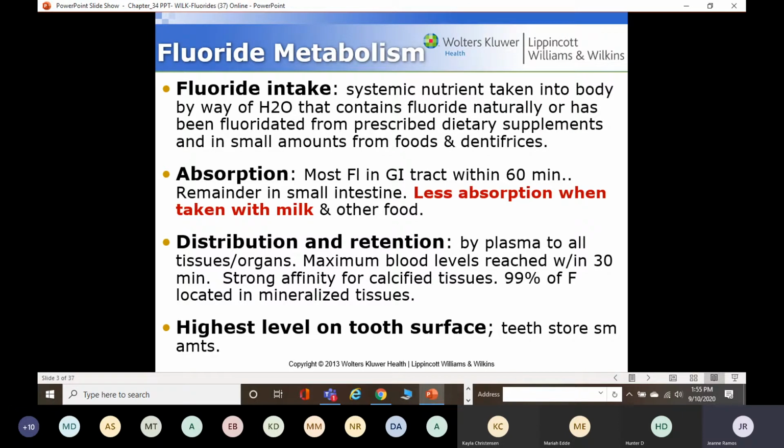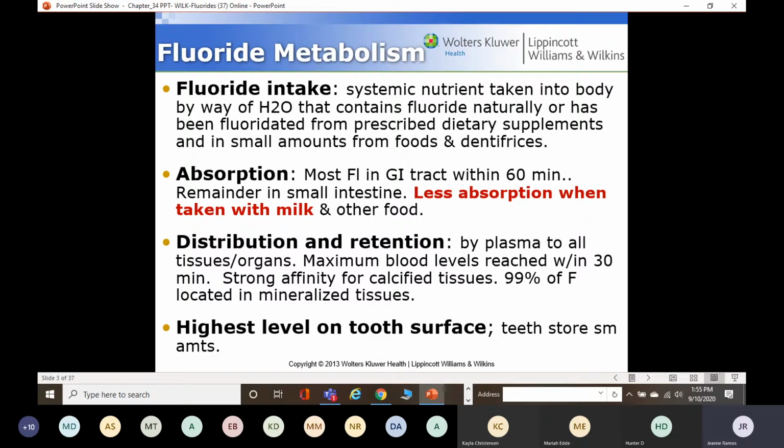So a lot of times there's not enough natural fluoride in the water, and so they add fluoride to the water. So absorption: most of the fluoride is absorbed in the GI tract, in the stomach and intestines, within 60 minutes. The remainder is in the small intestine, with less absorption when taken with milk and other food.